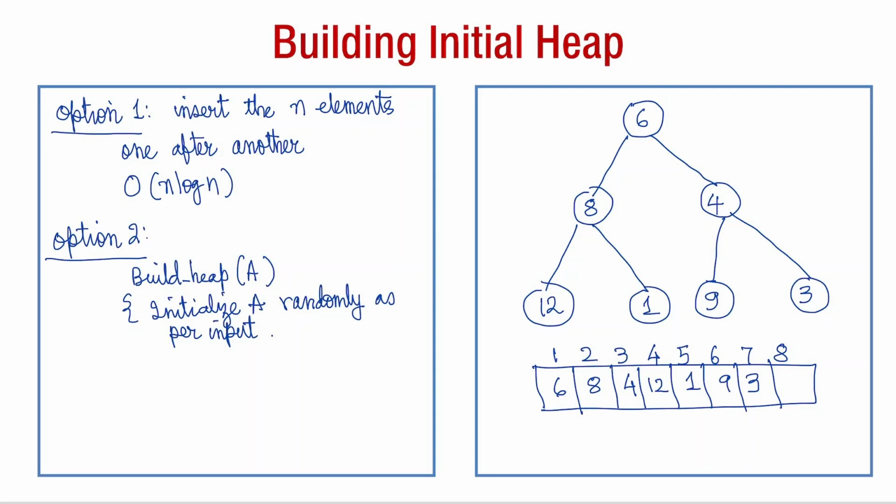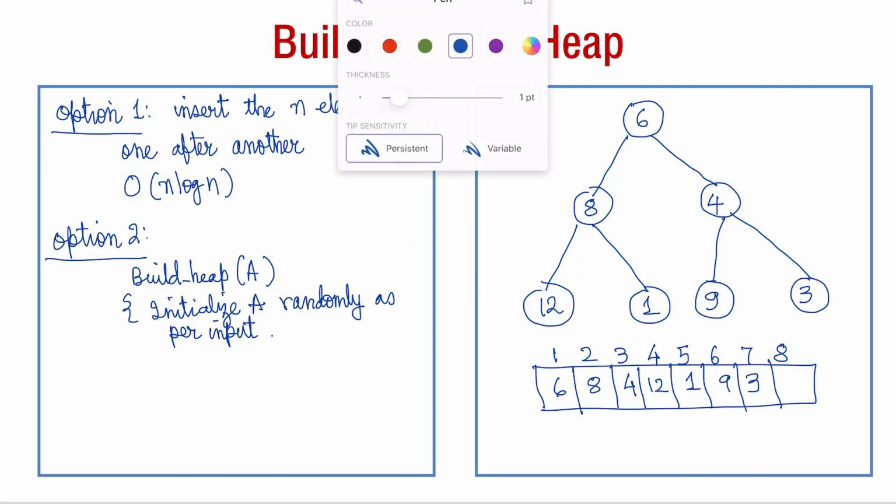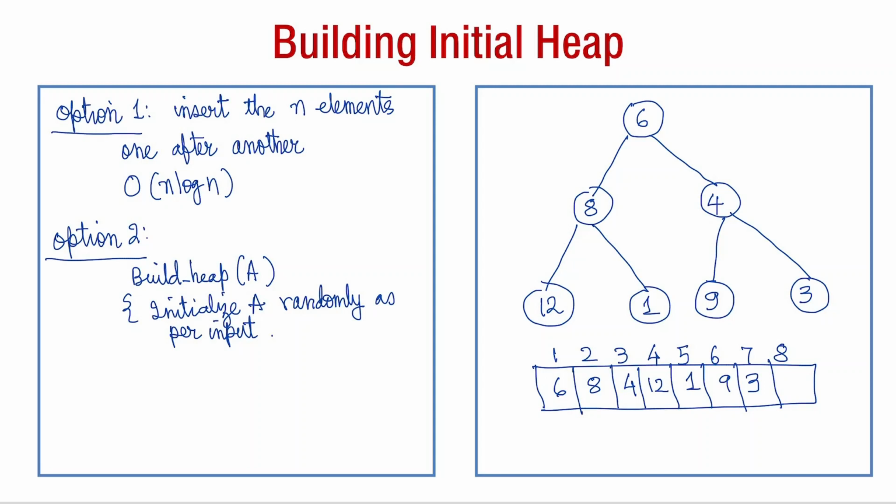Now I start from half the point. That means the order of heapification: I will first update this node 4, then I will update this node, then this node.